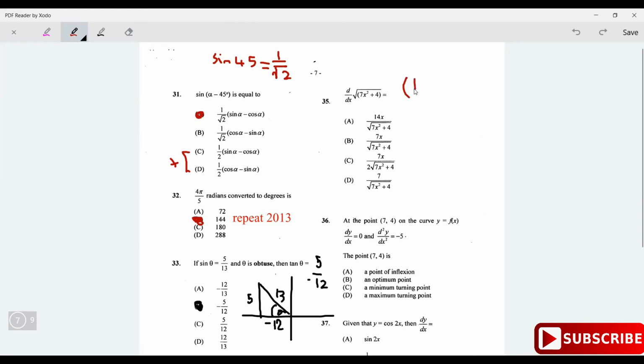So we can rewrite this as 7x squared plus 4 raised to the half power. And so that will be equal to, you carry down the power, so we're going to differentiate this, by the way. So I'm going to make sure I write d by dx of this. So we carry down the power, carry down the half. We subtract 1 from the power, which is then going to be 7x squared plus 4 to the minus half.